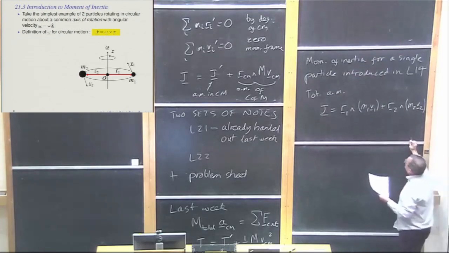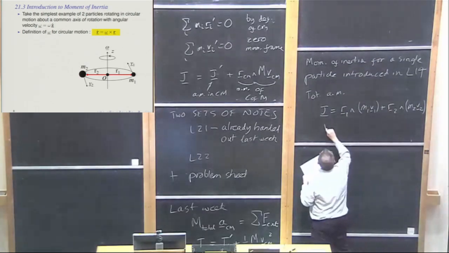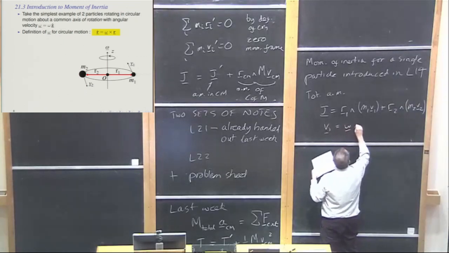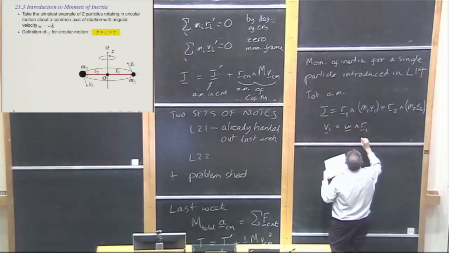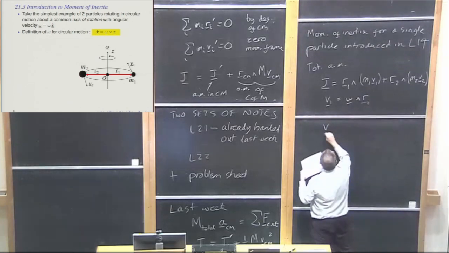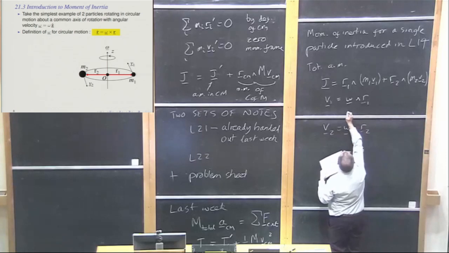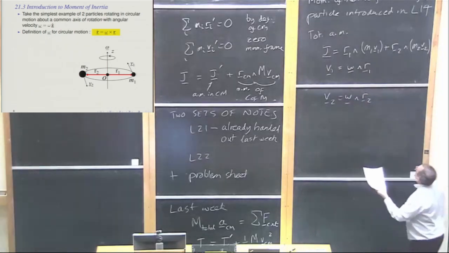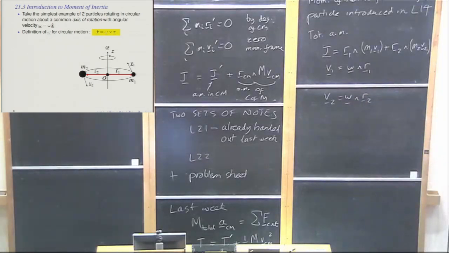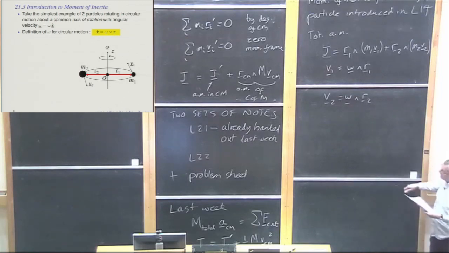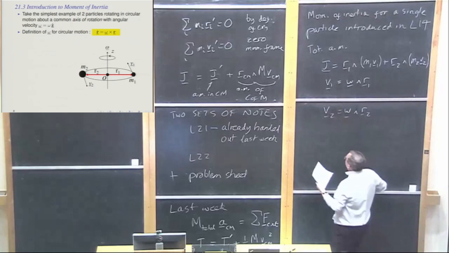But we have expressions for V1 and V2: V1 is equal to omega cross R1, and V2 is omega cross R2. If we substitute this in, we have a triple cross product, so we reach for our sheet of vector identities.